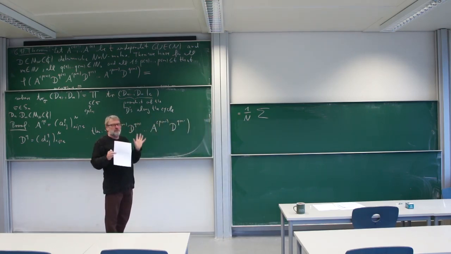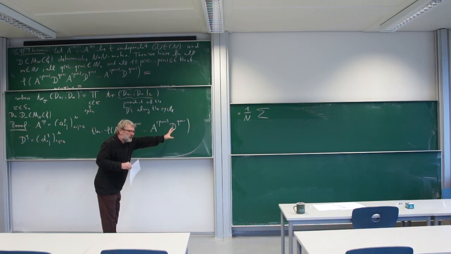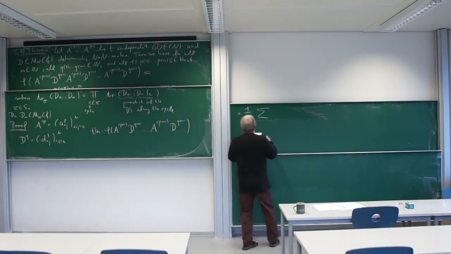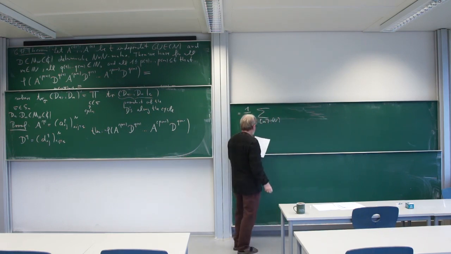So I have to sum over a lot of indices. And here I have a product of 2m matrices, so I need not only m indices, but 2m. Some of them I call i, some of them I call j. So I'm summing here over i1 up to in, and j from j1 up to jn.